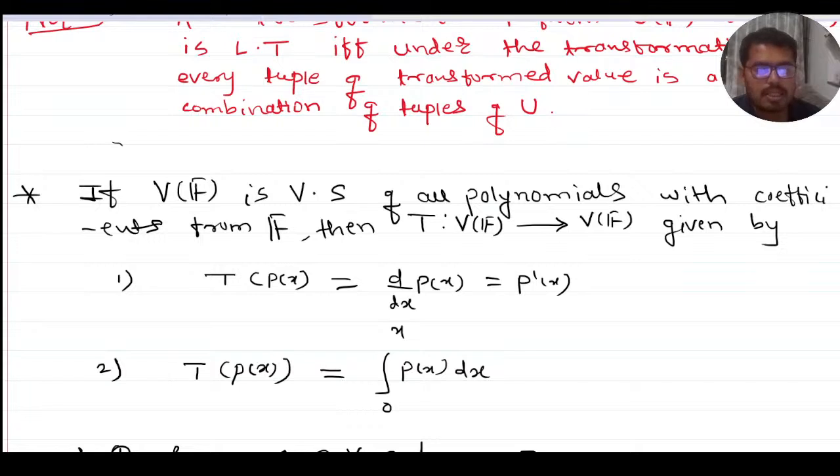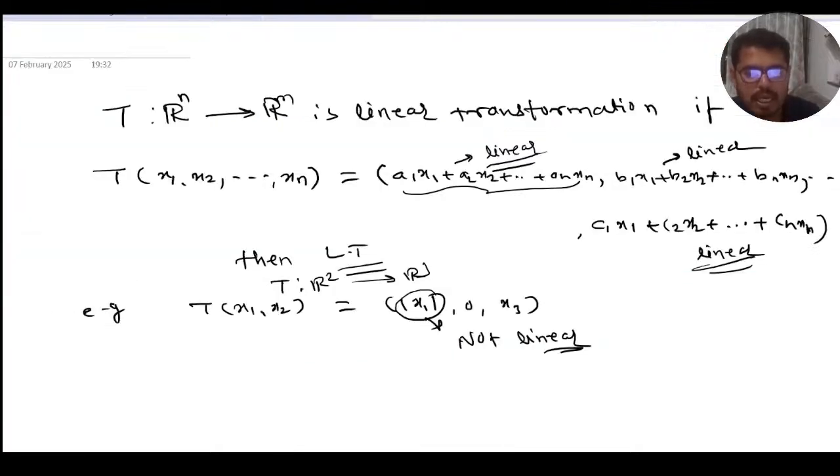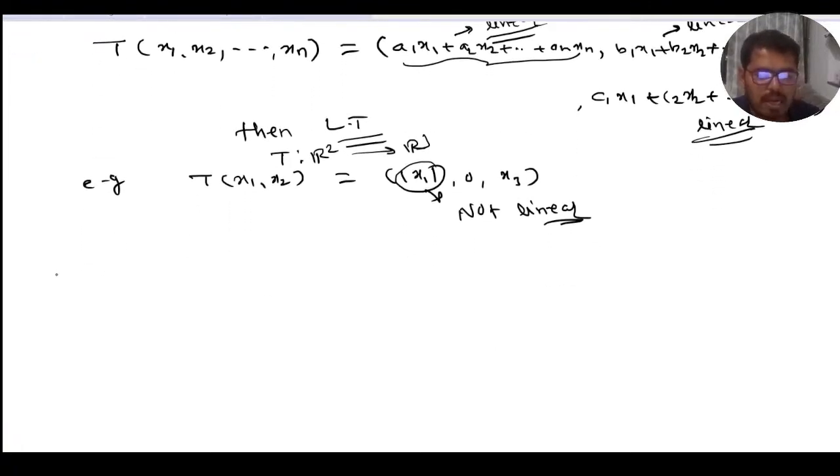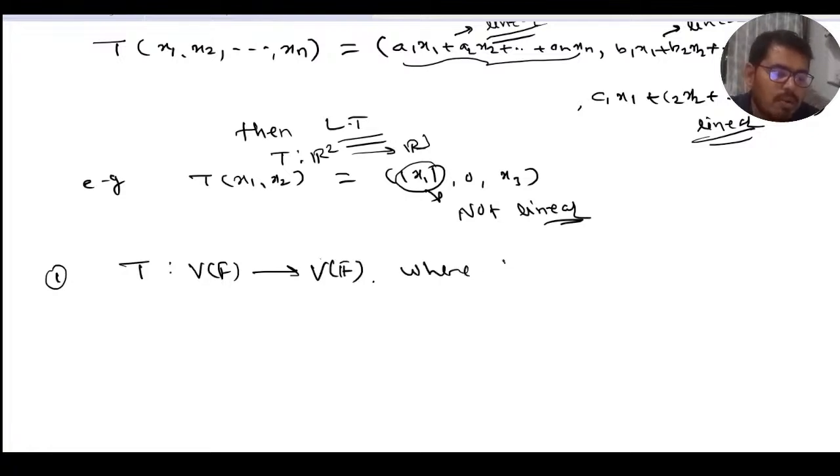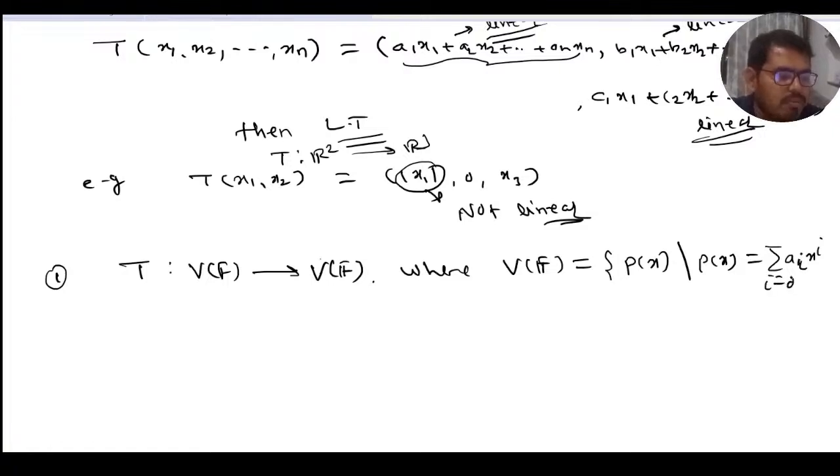Let us check one by one. First of all, we define the first map: T is a transformation from P of F to P of F. Here what is P of F? P of F is a vector space containing all polynomials. A polynomial p of x is defined as the summation of ai into x to the i, where i is from 0 to n.